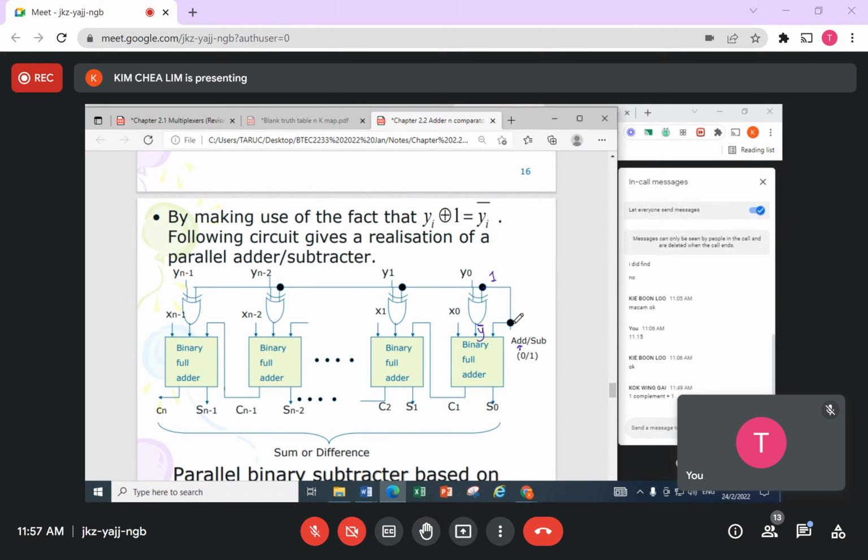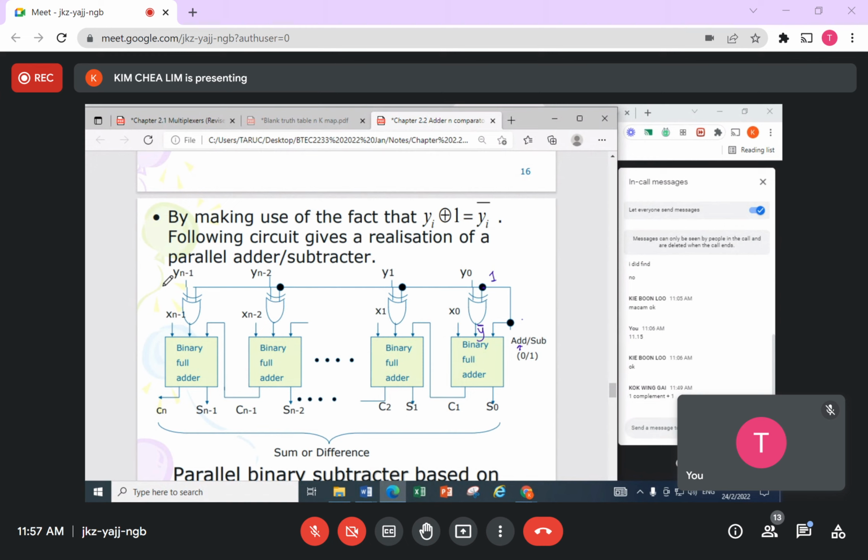Then this circuit functions as an adder. If you want to do subtraction, x minus y, then you put a 1 here, and with this 1, the output will give you the subtraction output, the borrow and the difference.